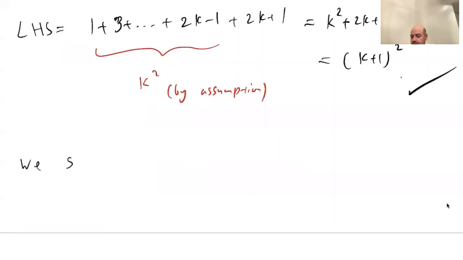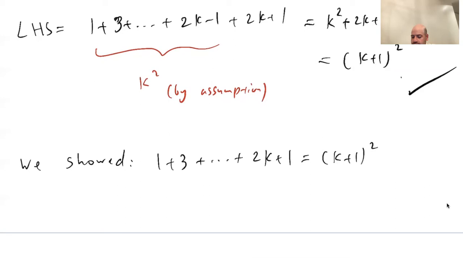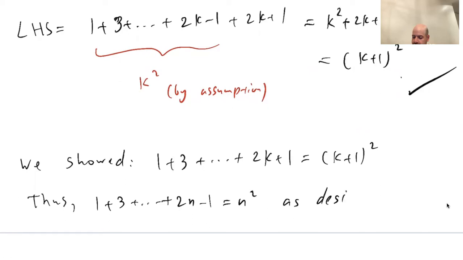So we showed that 1 plus 3 all the way to 2k plus 1 is equal to k plus 1 the whole squared, so 1 plus 3 all the way to 2n minus 1 is equal to n squared as desired.